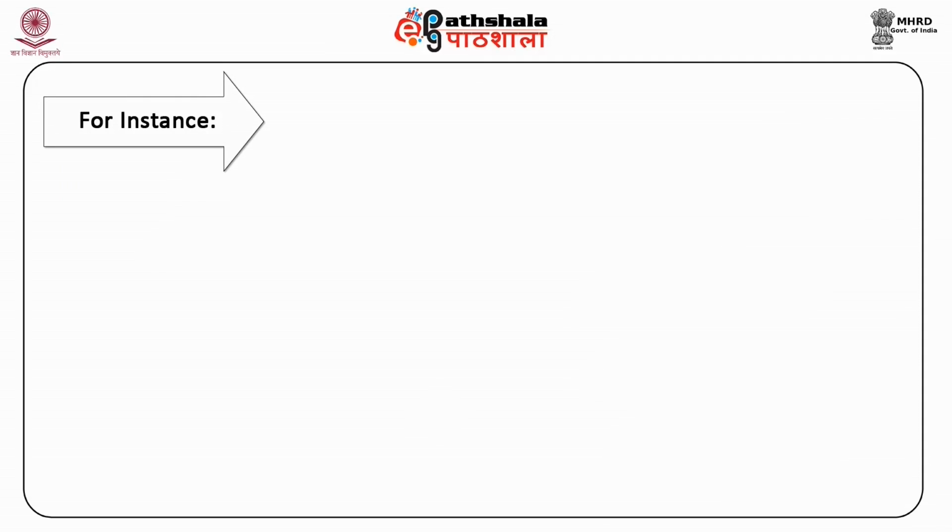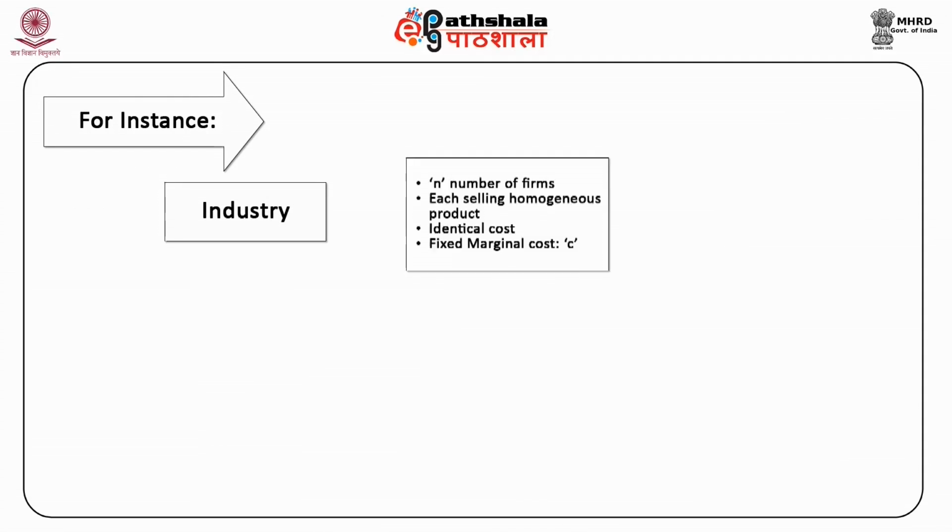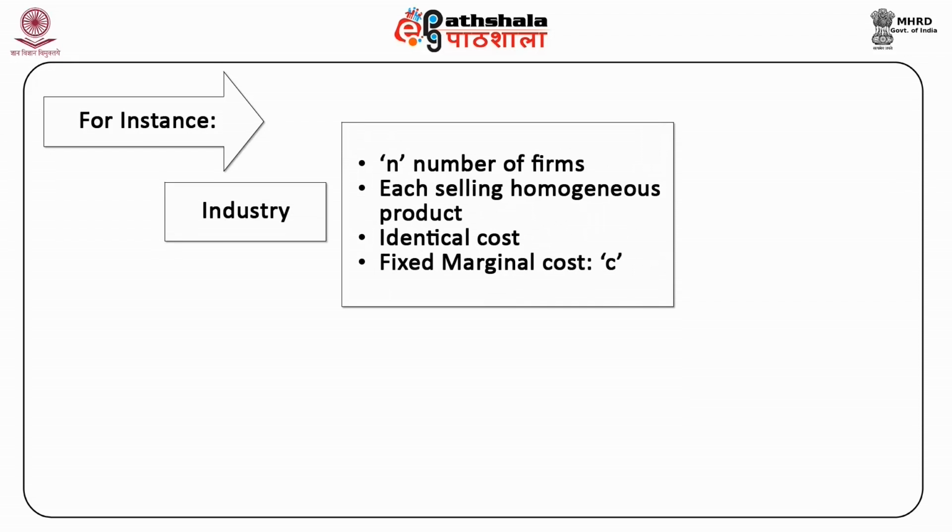For instance, consider an industry where there are n number of firms currently, each of whom is selling a homogeneous product and has an identical cost function, where marginal cost is fixed and given by small c.